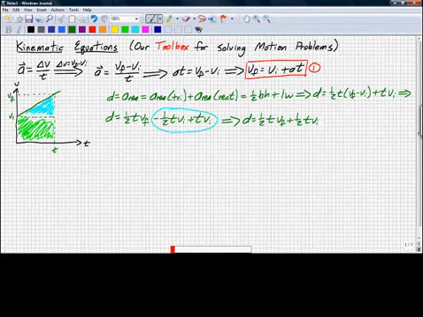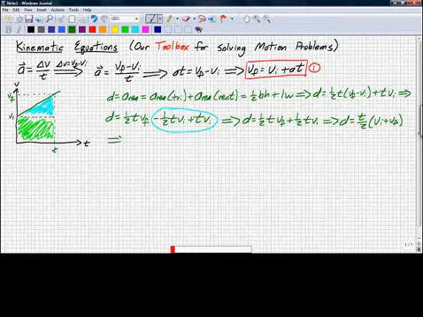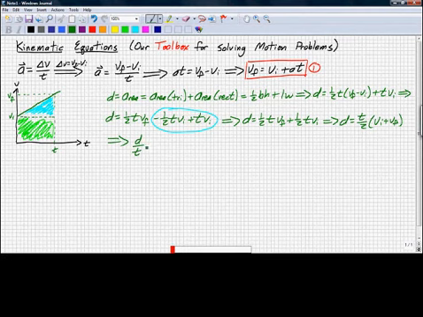Do a little bit of math here. Looks like we have a couple things in common that we can factor out. d equals t over 2 times vi plus vf. And now let's just take that t and divide it out to the other side. We can say that d over t equals vi plus vf over 2.